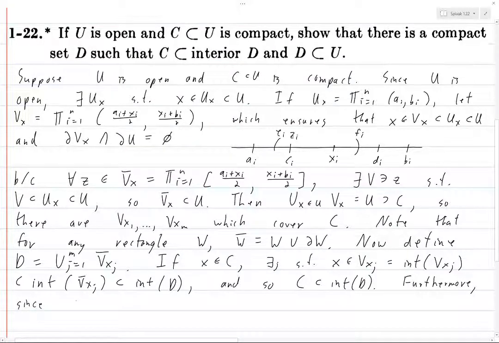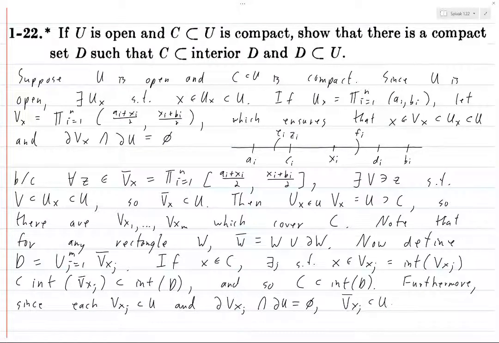Since each Vxj is in U, and the boundary of Vxj intersected with the boundary of U is empty, the closure of Vxj is in U. Well, wait.